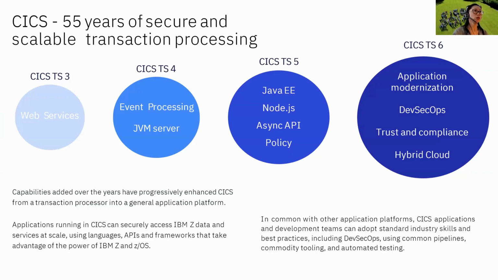Then in version 4, we added event processing, enabled JVM server, etc. Then coming to version 5 and the versions in 6, increasingly you can see CICS TS has been a transaction server that also enabled multiple programming languages on this platform, so it has become a multiple language host server.